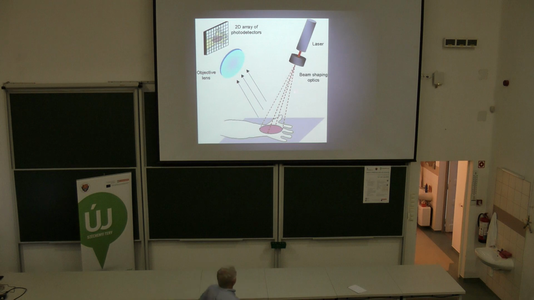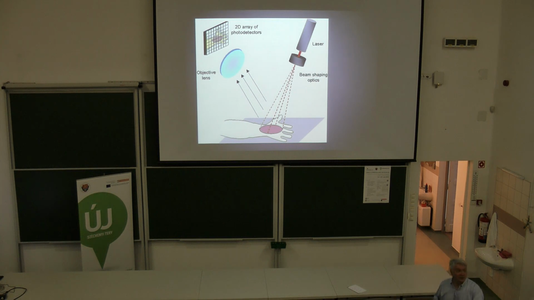So this is another step forward when the full field lasers were applied for medical purposes. In this case, the focused laser light is shaped by optics, and not a spot is illuminated, but a larger area, and from this larger area we can collect information, and we use 2D area photodetectors, which are very often cameras.